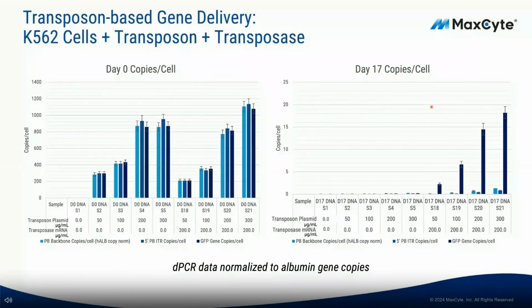However, after 17 days, when there's no transposase delivered to mediate the integration of that DNA, you don't have any copies of integrated DNA in the cell. And if you have the transposase, you can control the copy number by the amount of DNA transposon that you're co-transfecting. With lower DNA, you'll get lower copy numbers, up to 2 copies per cell. Whereas if you increase the amount of DNA transposon, you can get over 15 copies per cell.